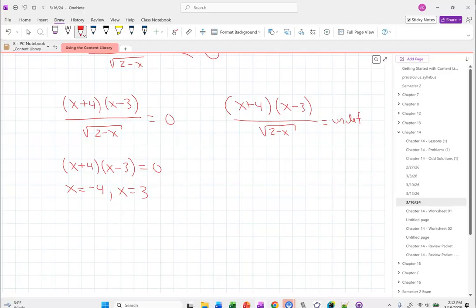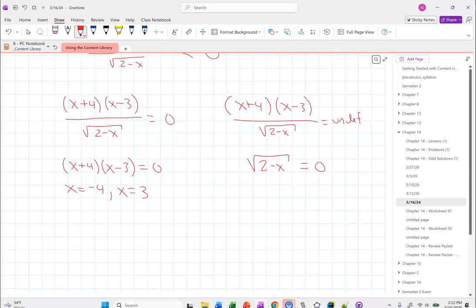If I look at the undefined part, there's actually two things that can cause this to be undefined. One is that we have a fraction. When is a fraction undefined? When the denominator is 0. But we also have a radical. What makes a radical undefined?